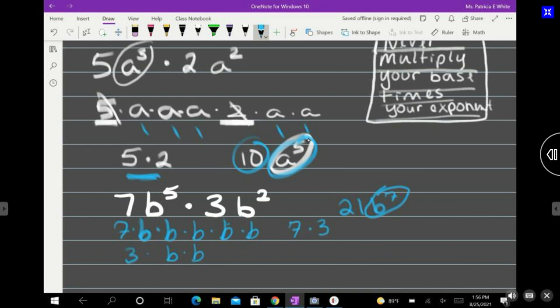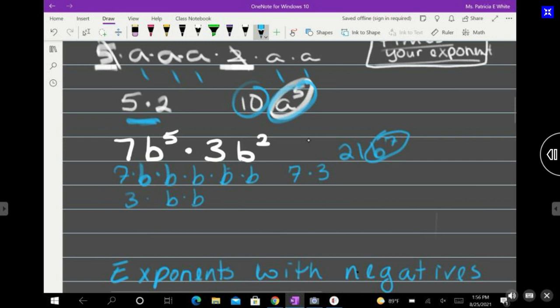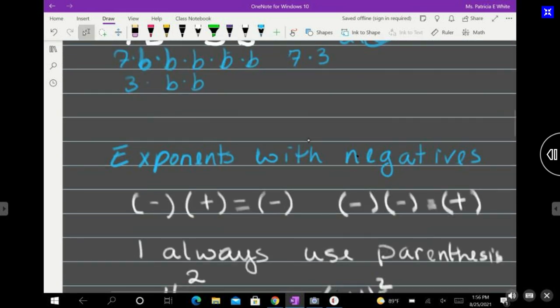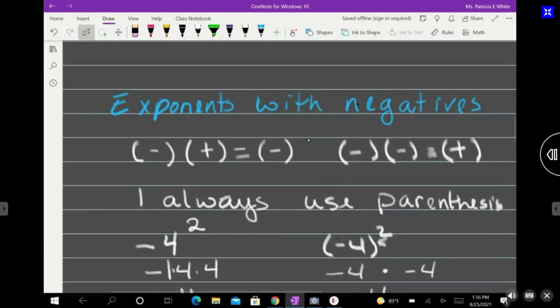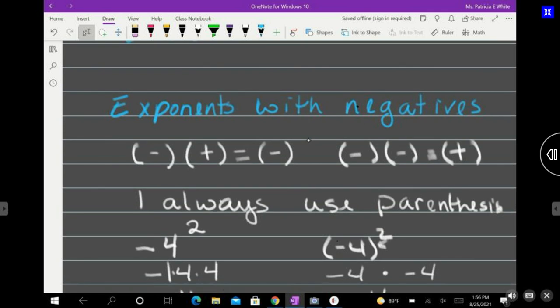Alright, let's talk about exponents with negatives. Exponents with negatives. Turn the page. Well, it's up to you how you're doing your notes.